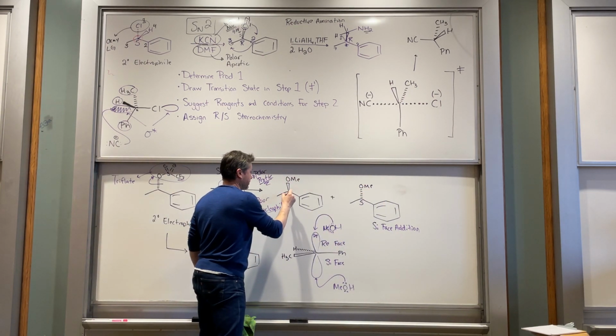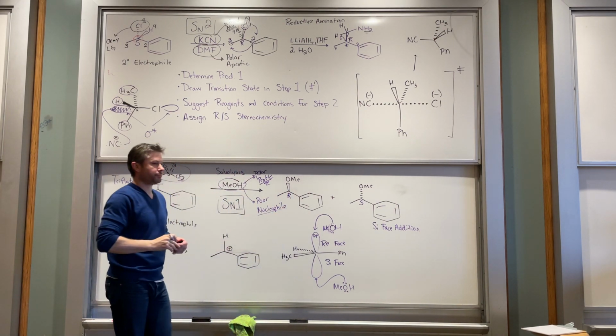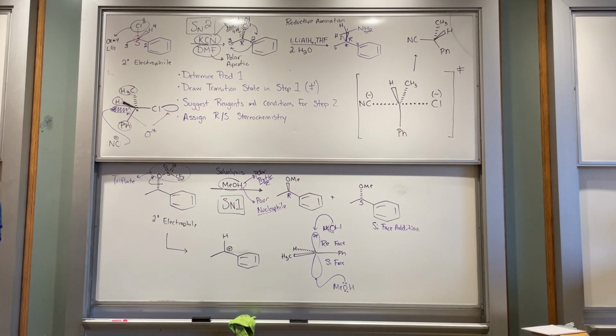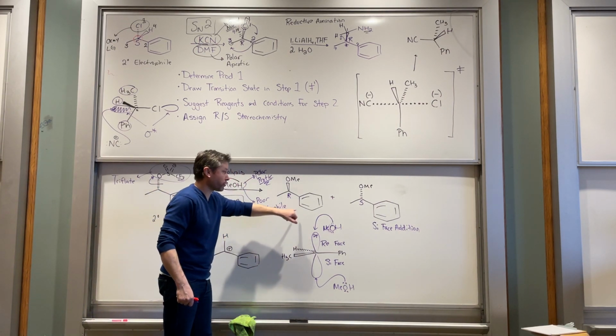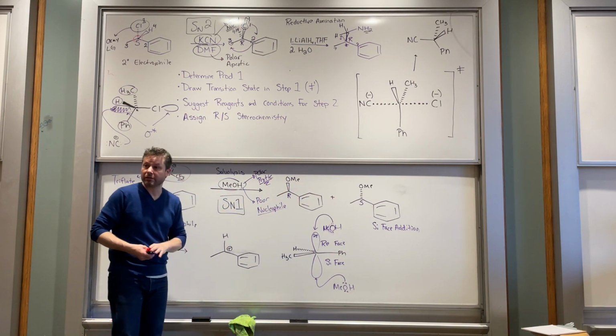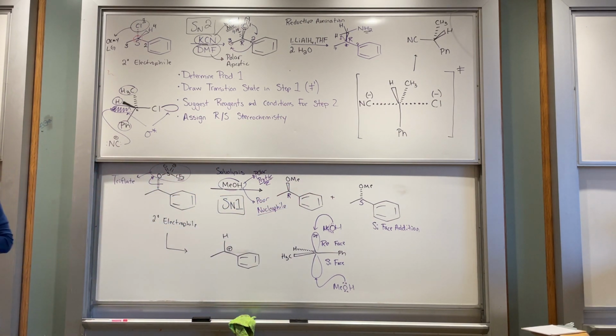Addition to the re face is going to lead to the R stereocenter. And there's no code for figuring that out. It's just a matter of seeing it in 3 dimensions. If you need to build a model, you can build a model. But understanding that there's a 50-50 shot of going from the top face to the bottom face, we're going to get a 1-to-1 mixture of enantiomers, killing that stereochemistry that we started with.